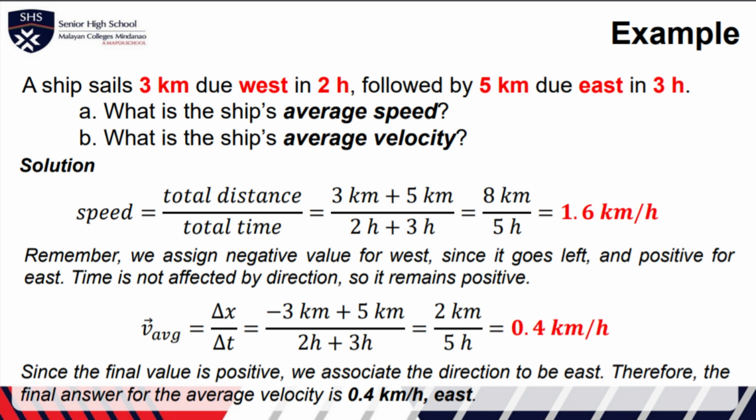You just need to perform the operations, giving us 2 kilometers per 5 hours. Now, perform the operations again and it will give you 0.4 kilometer per hour. Now, since the final value is positive, going back to the concept of vectors, we could associate it with the direction to be east. Therefore, the final answer for the average velocity is 0.4 kilometer per hour due east.